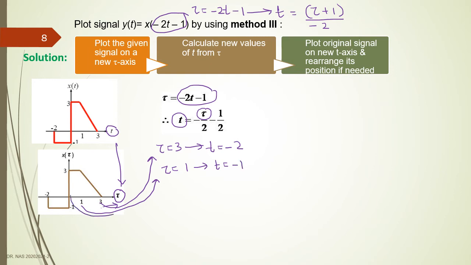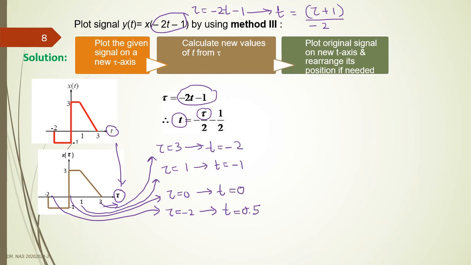When tau equals 0, your new t is still 0. And when your tau equals negative 2, your t equals 0.5.